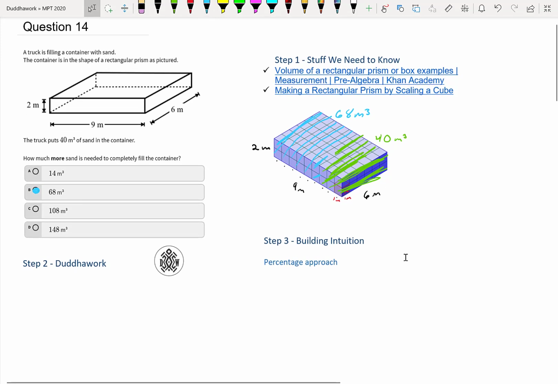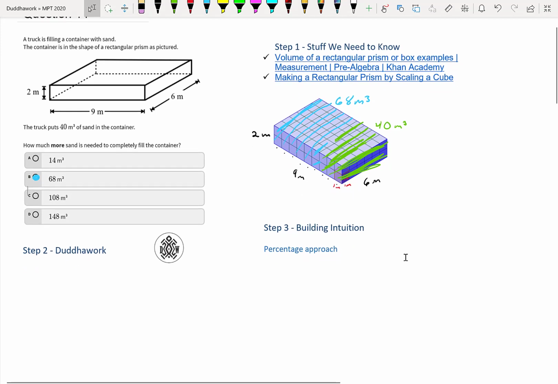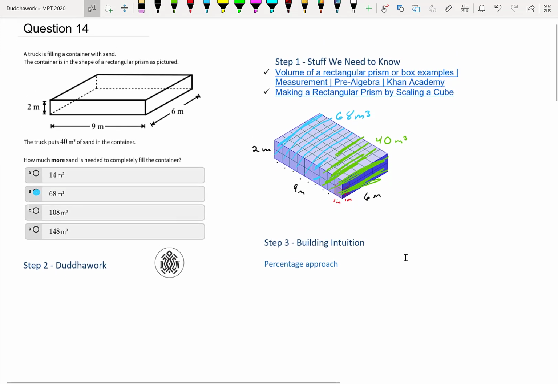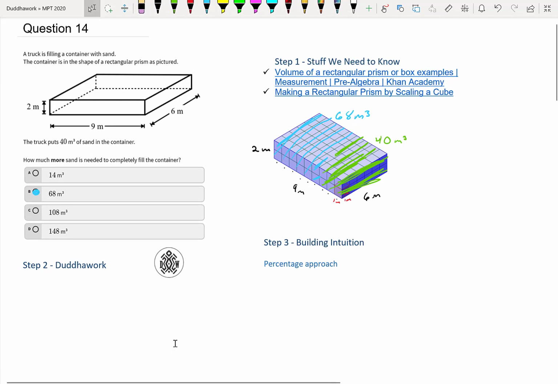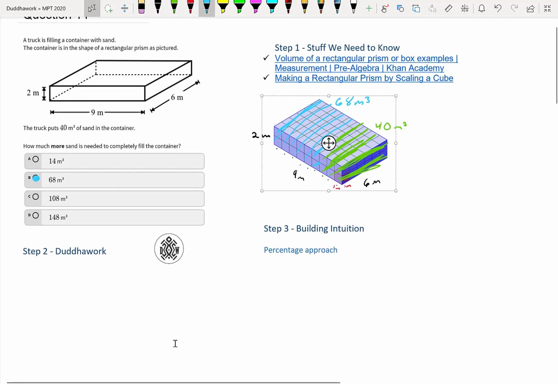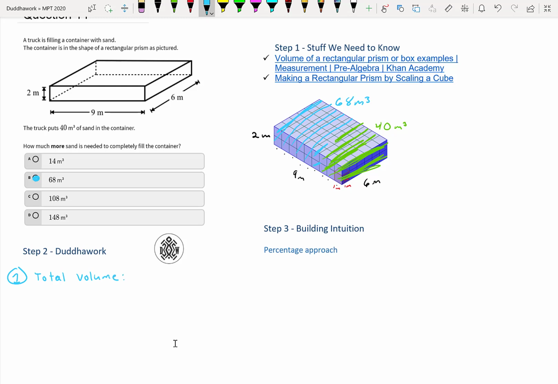So let's move on to step 2, and actually do the work. That was just to build some intuition of what's going on and what we need to do. So step 1 for me would be to write total volume is equal to 2 meters times 9 meters times 6 meters.